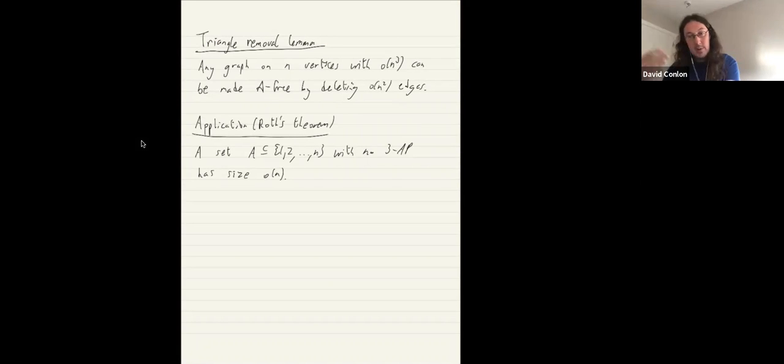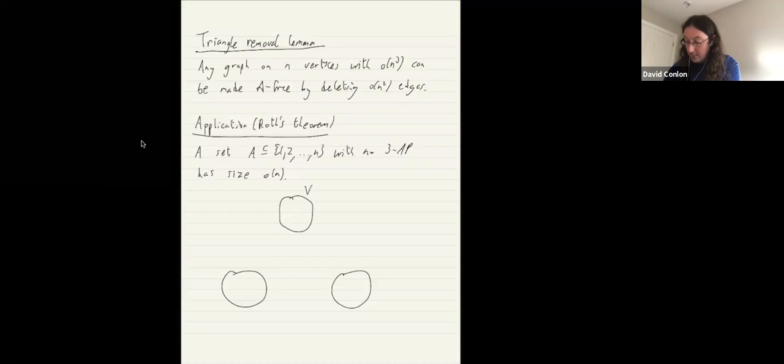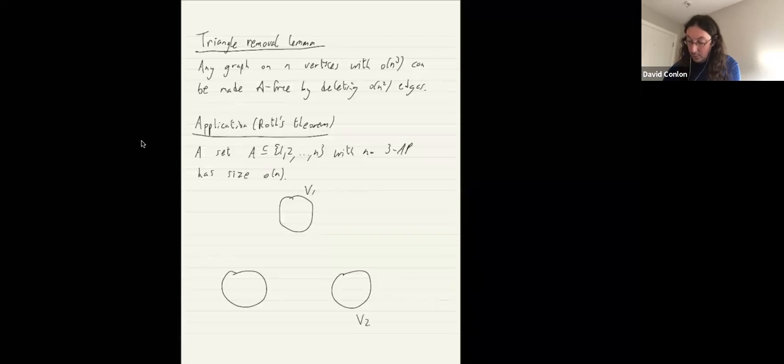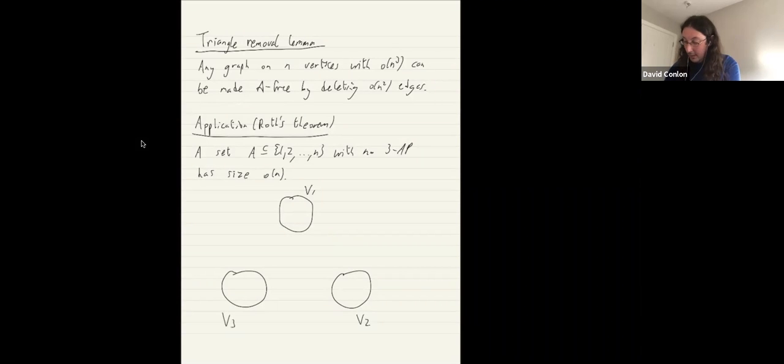So if you assume that you have some set A with no three-term arithmetic progression, then you can build a graph between three sets V1, V2, and V3. Each of those is basically a copy of Z_{5n}, say.